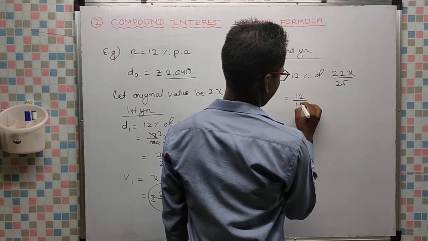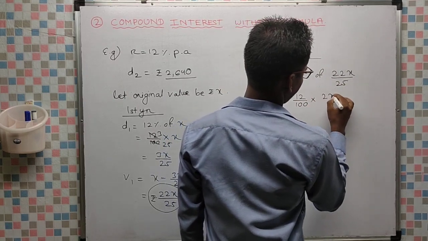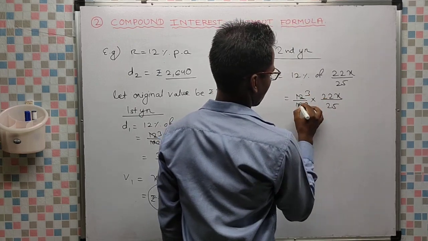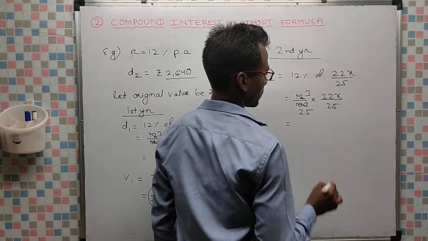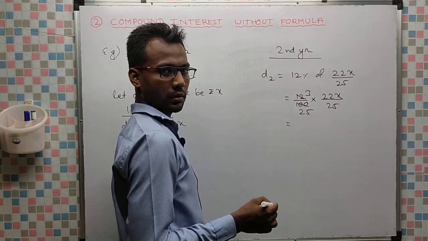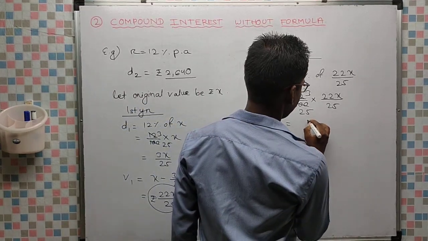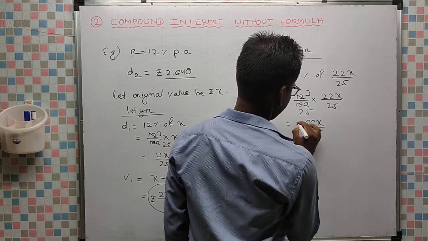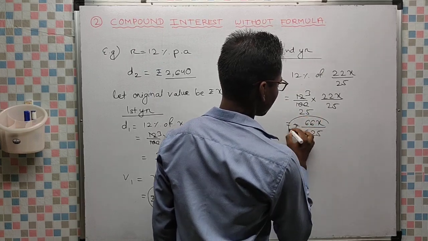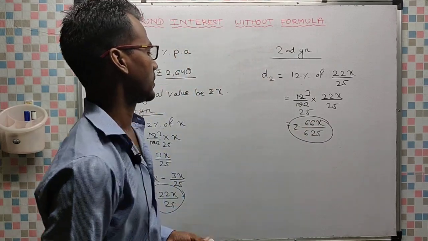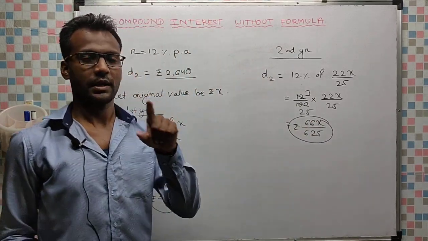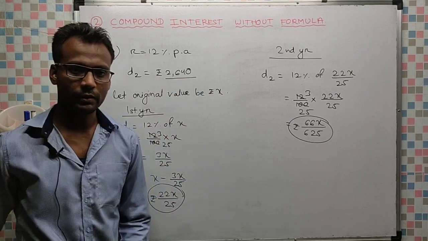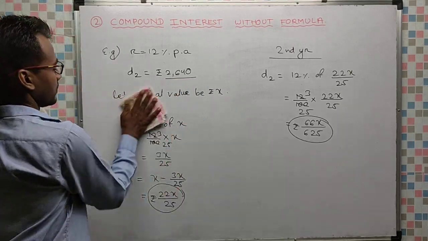So 12 by 100 into 22x by 25, divided by 4, so 22 into 3 is 66x by 625 rupees. This is the depreciation in the second year, and this value has been given as 2640, so we can equate and get the value of x.